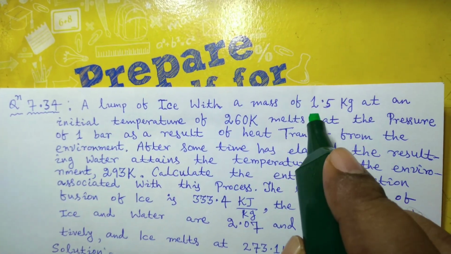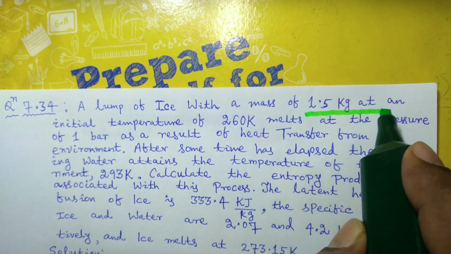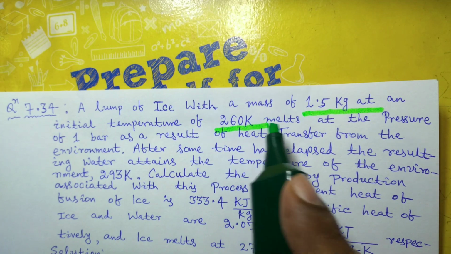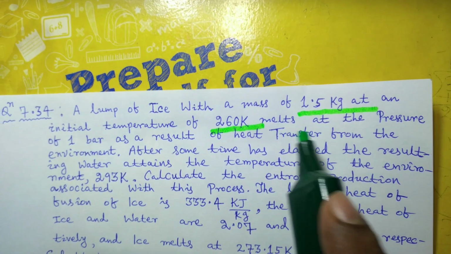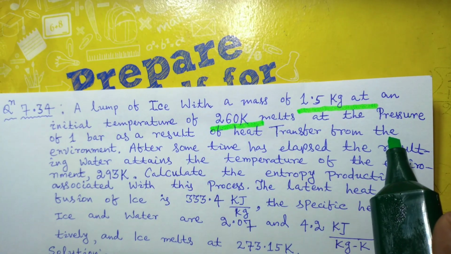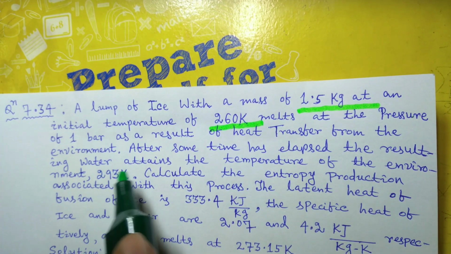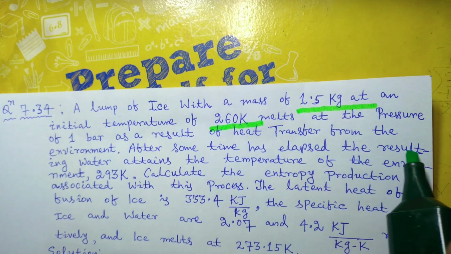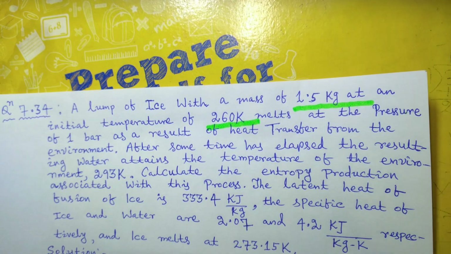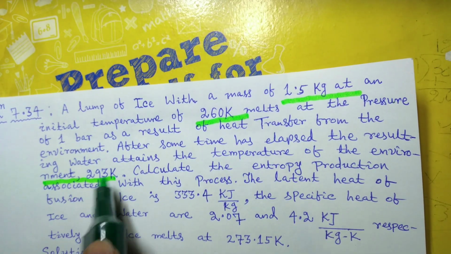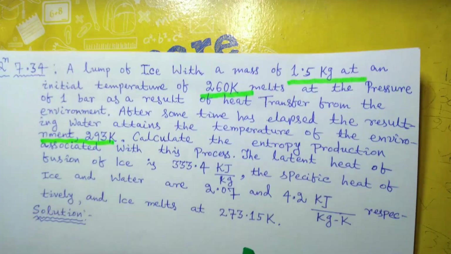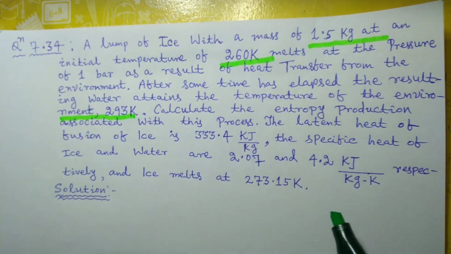So the key points of this problem are: the mass of ice is 1.5 kg, which is at initial temperature of 260 Kelvin, melts at the pressure of 1 bar as a result of heat transfer from the environment. After some time has elapsed, the resulting water attains the temperature of the environment, that is 293 Kelvin. Calculate the entropy production associated with this process.